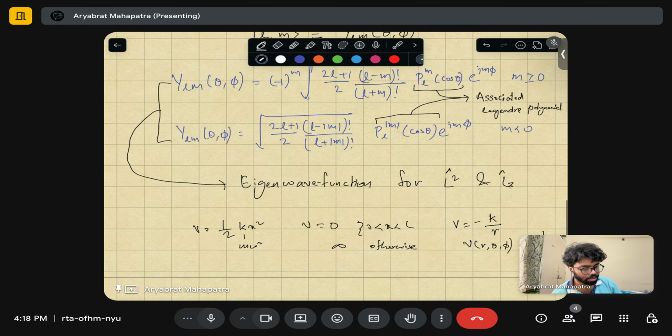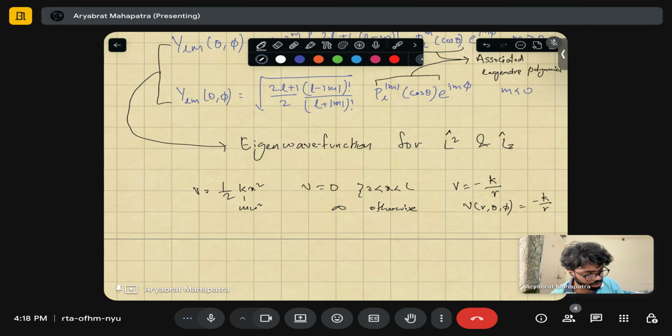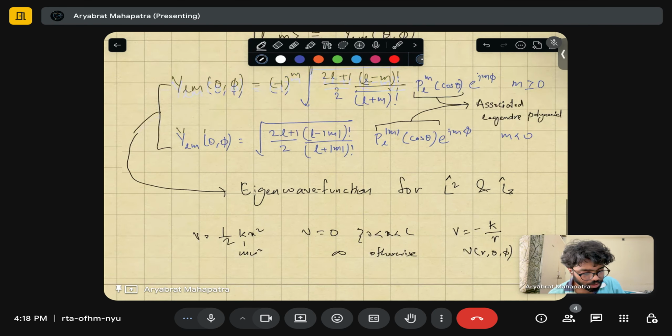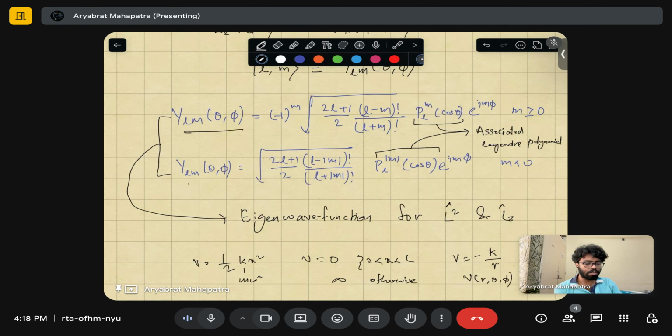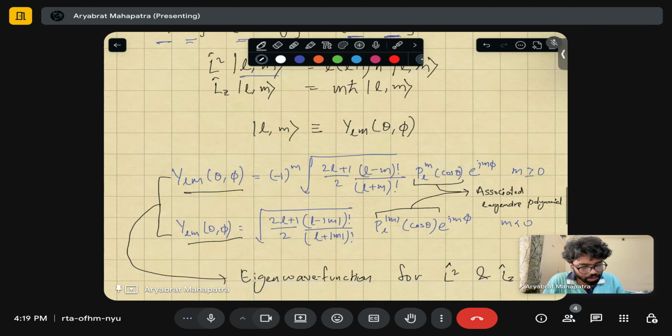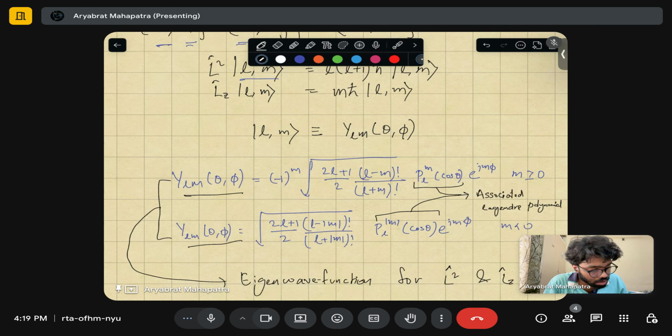In that case, if you solve the Schrodinger equation with this potential, you get these wave functions corresponding to L square and Lz. These are otherwise known as spherical harmonics.